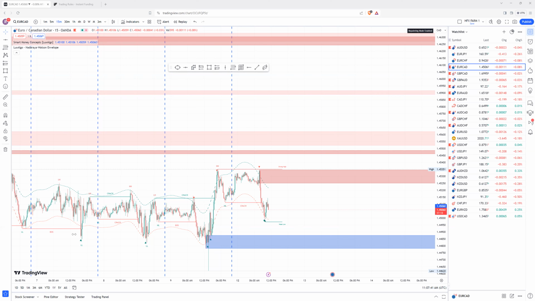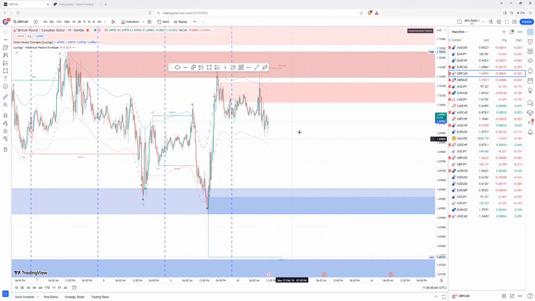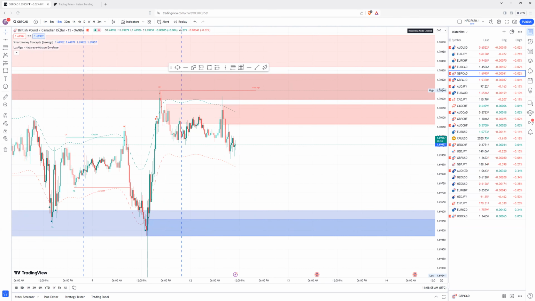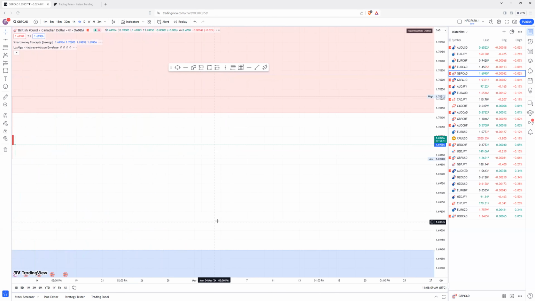If we had to go through all these pairs right now, you see how many have triggered today. Just today, you see how many have triggered. Of them, a lot have made really good profit. Let's get one example before we go. 4-hour candle.